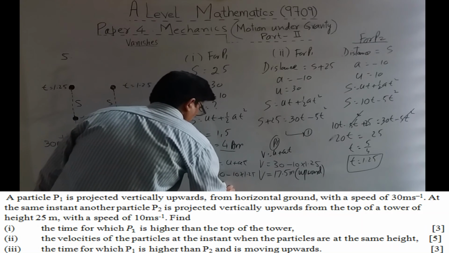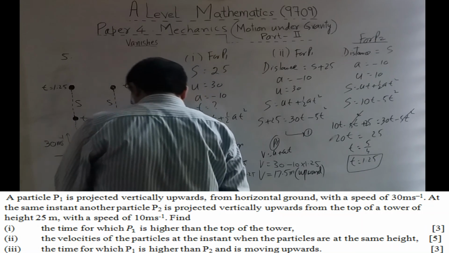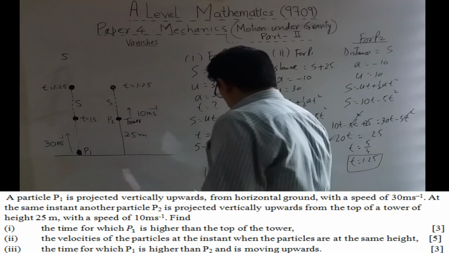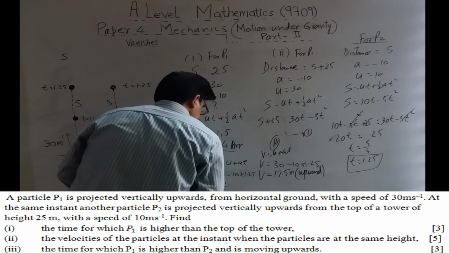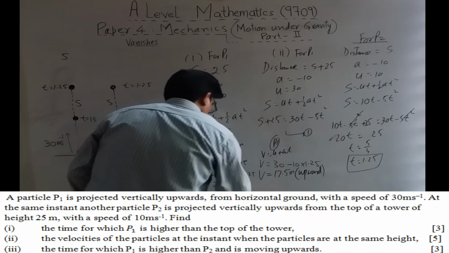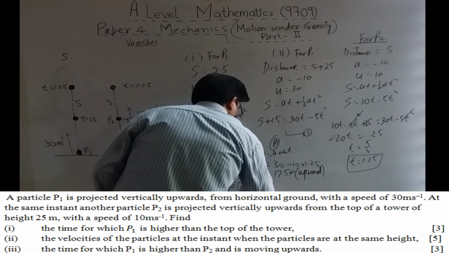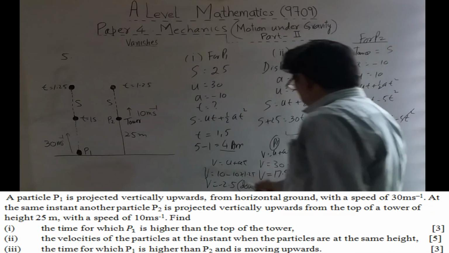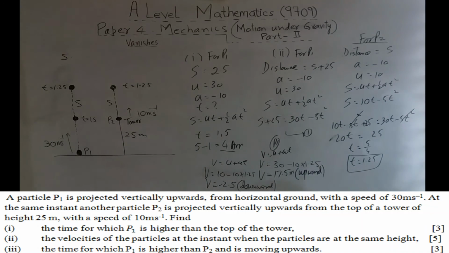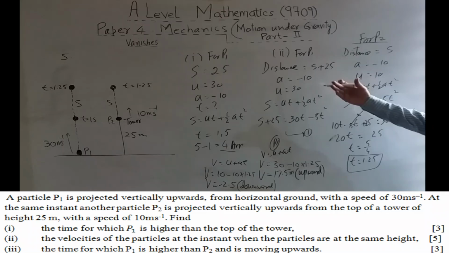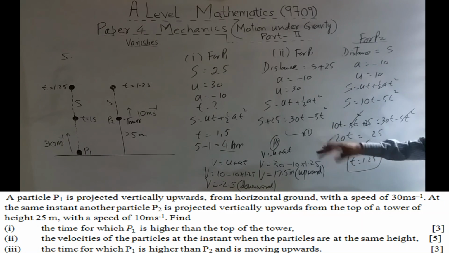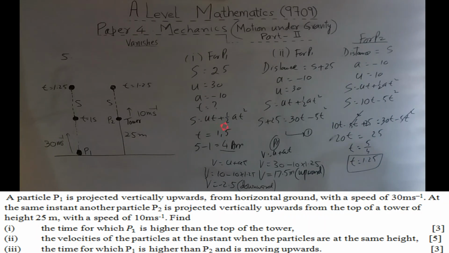So v is equal to minus 2.5. So it means that it is moving downward. So we have also found that P1 will be moving upward at this time and P2 will be moving downward.